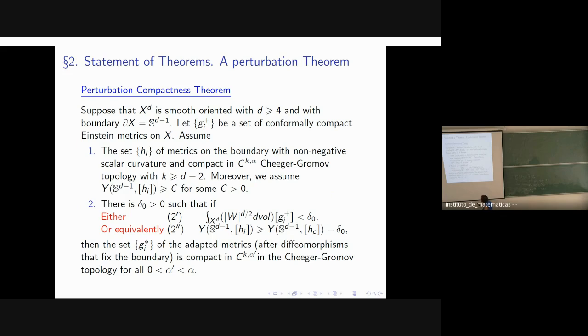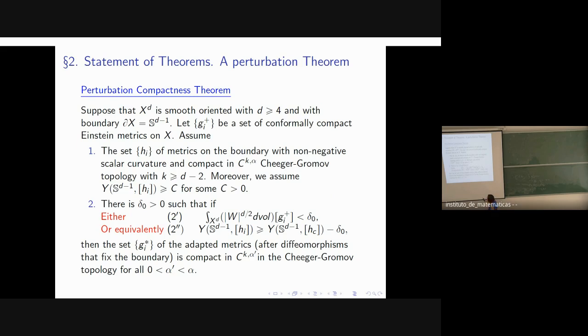Then the perturbation result says, let's look at condition 2.0: if the boundary Yamabe constant is sufficiently close, we know this Yamabe constant is always less than the Yamabe constant of the standard sphere, but suppose it is sufficiently close, then this class of adapted metrics, after diffeomorphism, is compact.